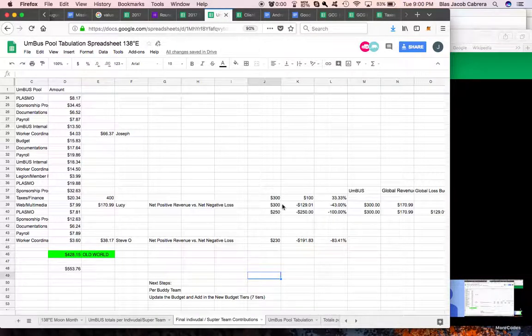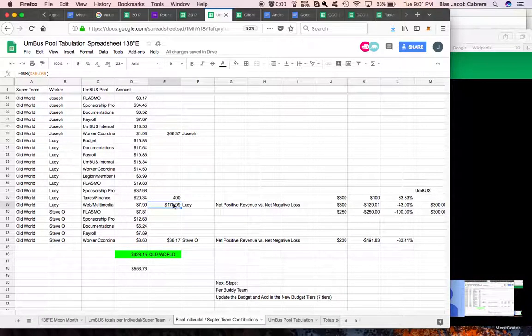All you need is this number right here for Lucy. You pop it in there, and everything else is automatic, and it'll automatically update her rankings and everything based on the budget. So I went through a lot more detail here than people are going to need to know in the future, because in the future it'll all be automatic. You just plug in the numbers, and then all the calculations happen automatically.